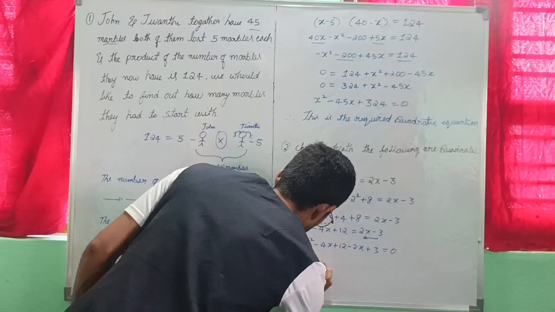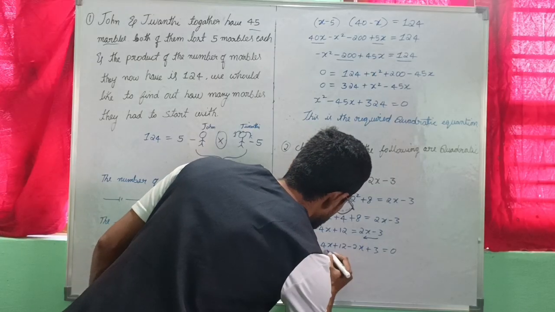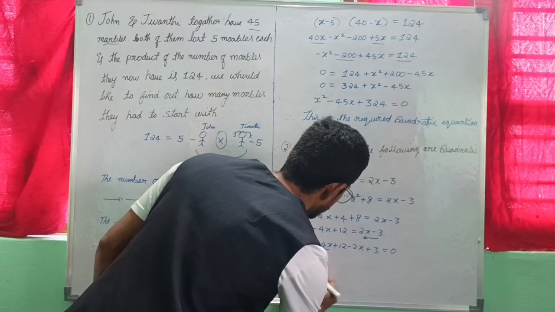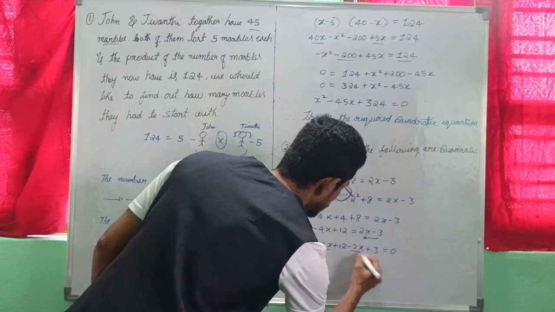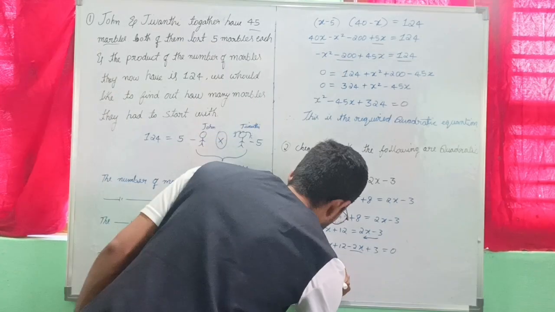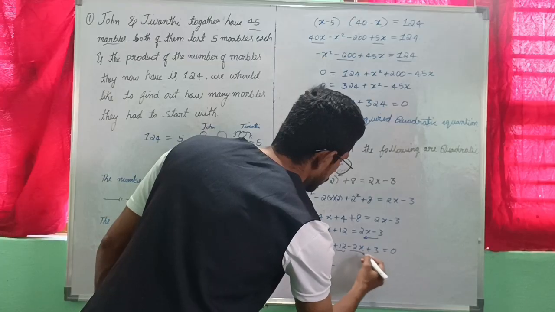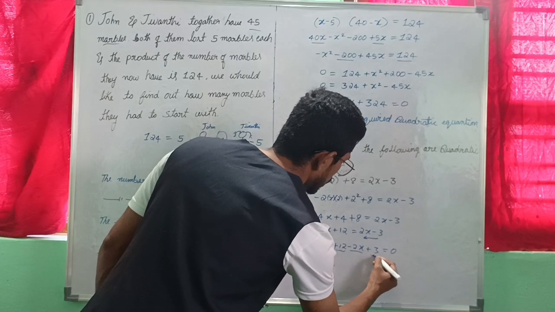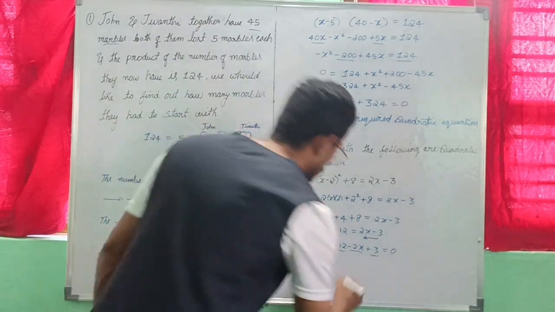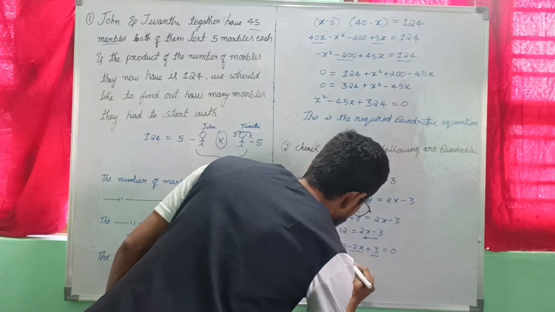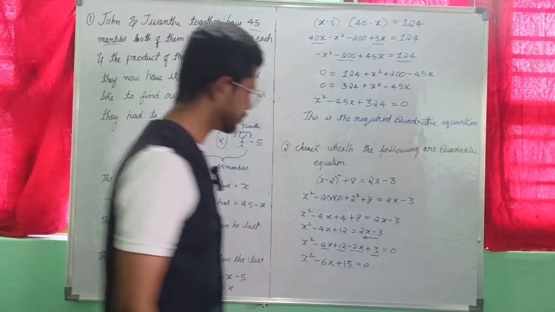Then x square, here there is minus 4x and minus 2x, so we get minus 6x, and here we have plus 12 and plus 3, so it will become plus 15, which is equal to 0.